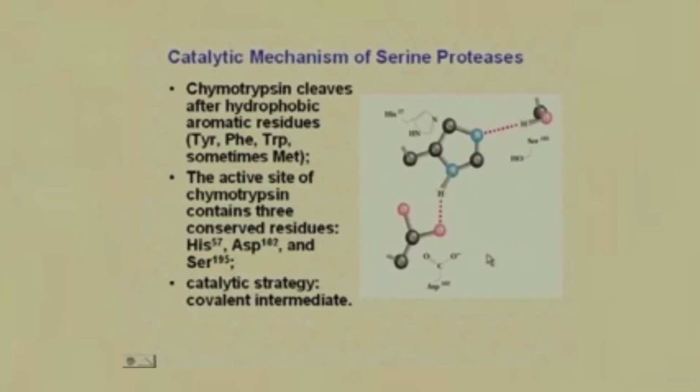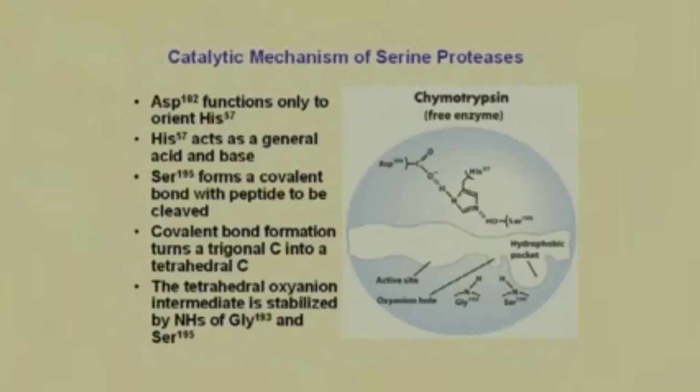In the serine proteases, we have a catalytic triad that is composed of a histidine, a serine, and an aspartic acid. Now, each of these residues in the triad is going to have a specific role. And this is what we have to understand.